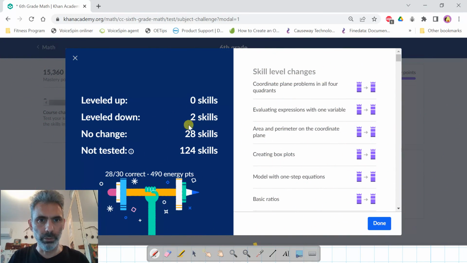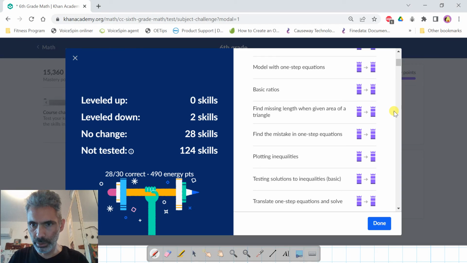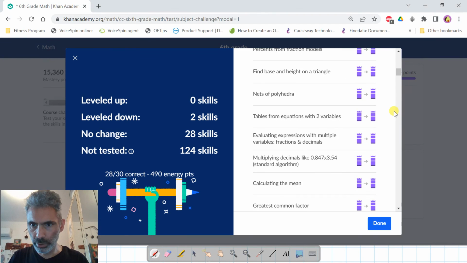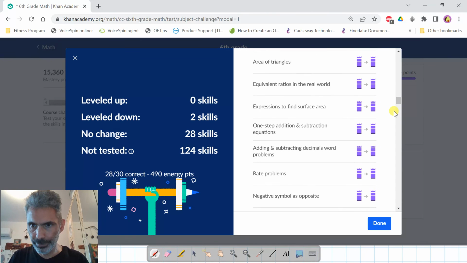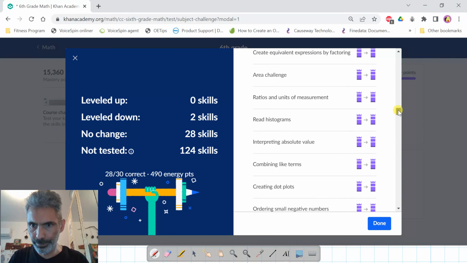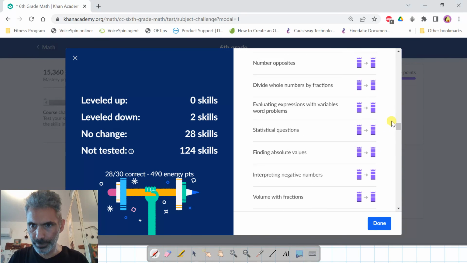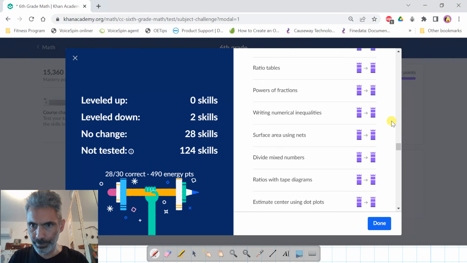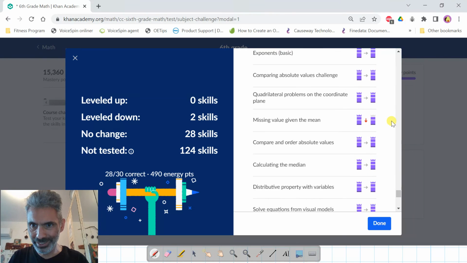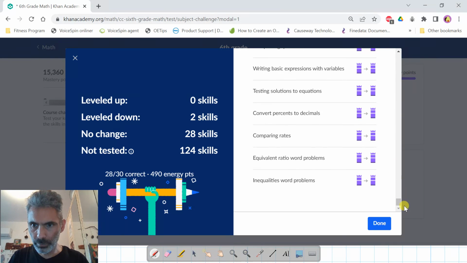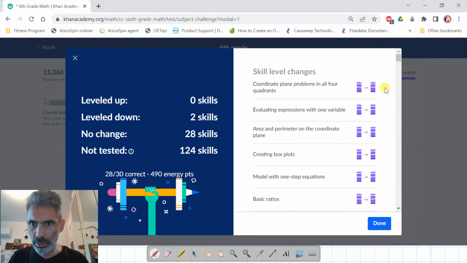Okay, so I've leveled down 2 skills. Which skills are there? Or did I lose points? Wow, this is a long list of skills, but it doesn't show where.